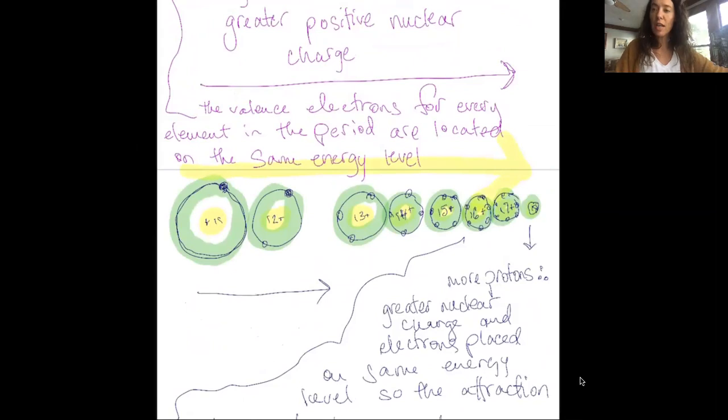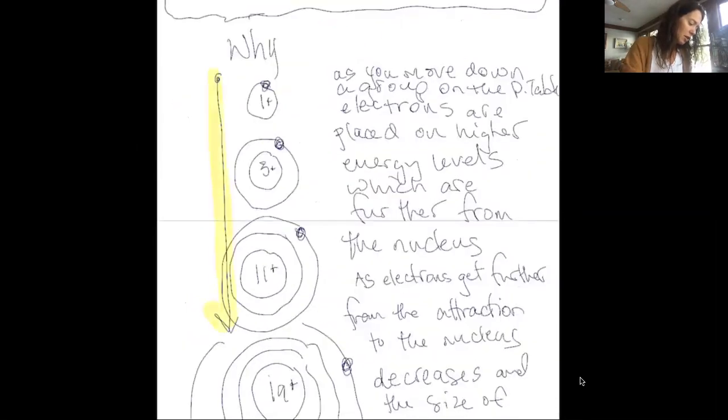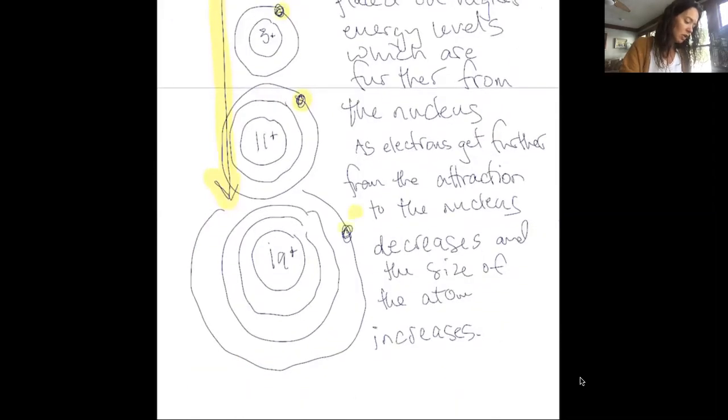Thus, the attraction increases. The electrons get pulled closer in. We get bigger going down because the electrons are located on successively higher energy levels, which are further from the nucleus. The further from the nucleus, the lower the attraction. The lower the attraction, the greater the size.